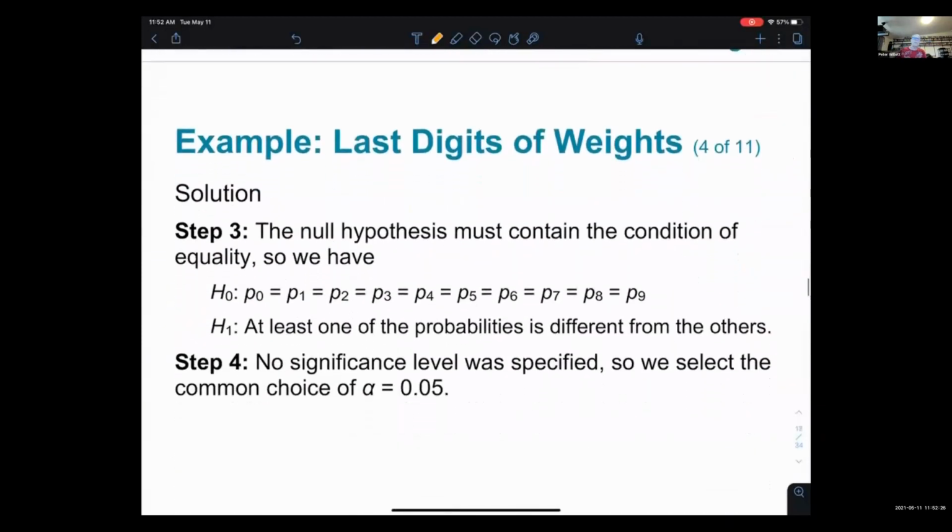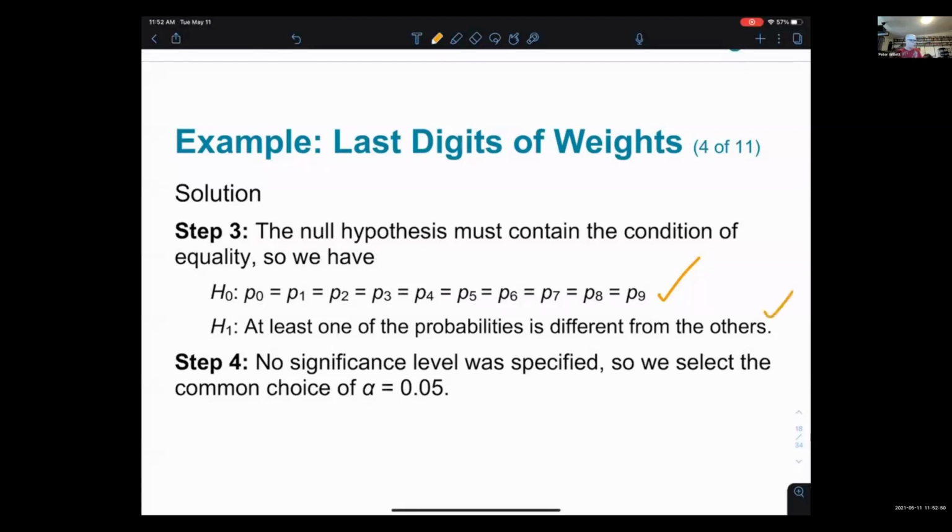So our null hypothesis is always about equality. In this case, it's counter to our claim because we're claiming that they're not equal, but the null hypothesis is always about equality. So they set up the null hypothesis, which is that all the probabilities are equal to each other. And that's a uniform distribution. And then the alternate hypothesis is that at least one of them is different from the others.